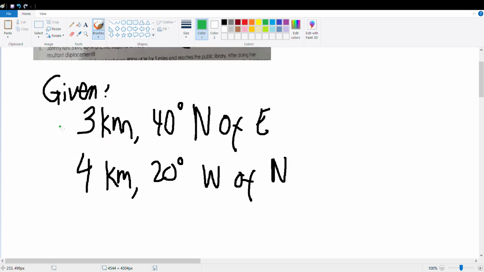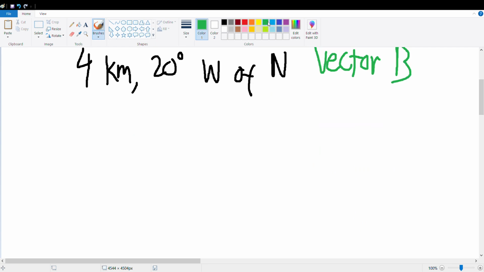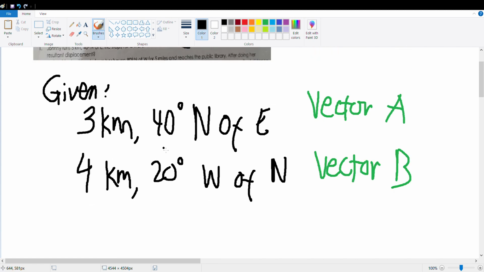So let's start with the first given. This is the first vector, vector A, and then this is the second vector, which is vector B, right? So for the first vector, let's draw a Cartesian plane. So 3 kilometers north of east. North of east is basically the north side of east.